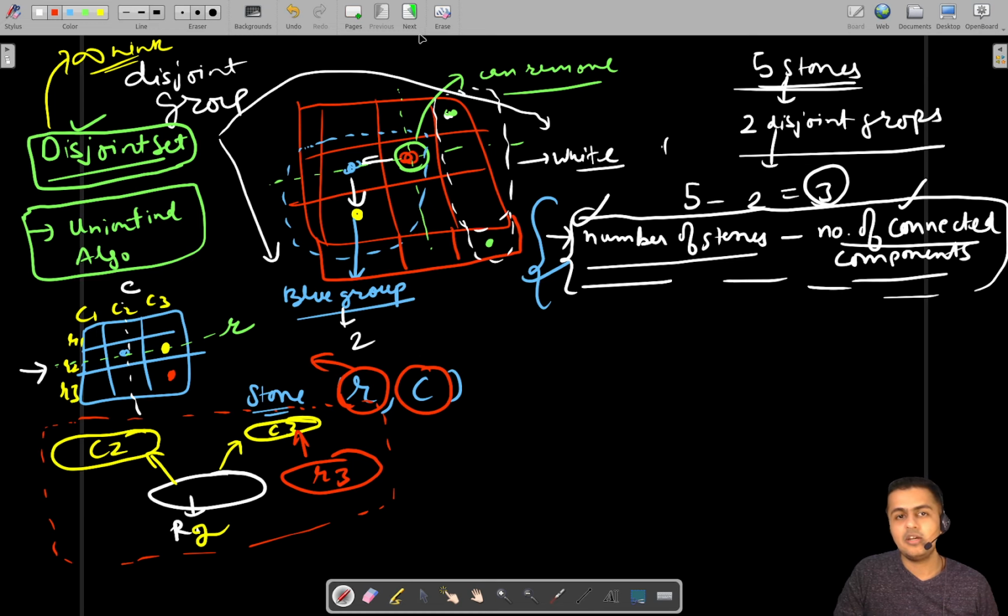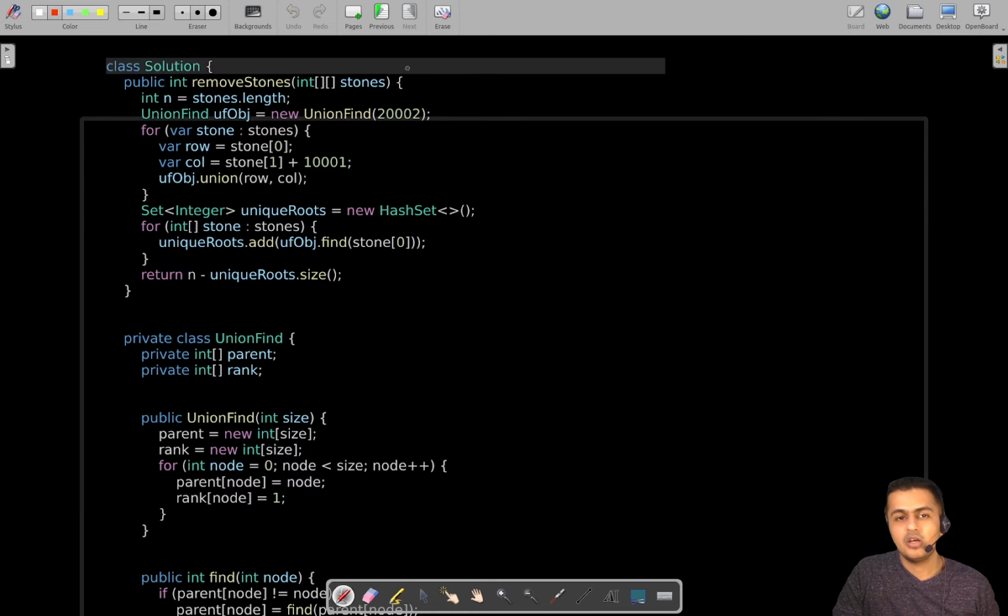That's what we will be doing here: for each stone, since it was combining its row and column, we group these stones efficiently into different disjoint groups. I will explain the whole union find data structure in a little bit of time. Firstly I would like to discuss how this union operation is working, or making the groups is working, and what is the logic behind making the groups.